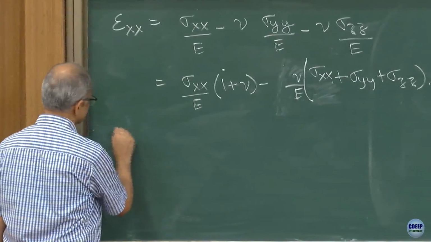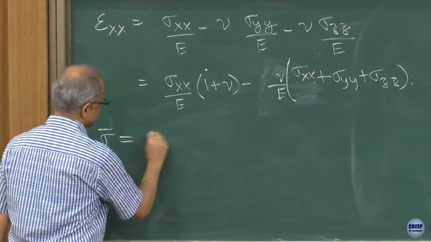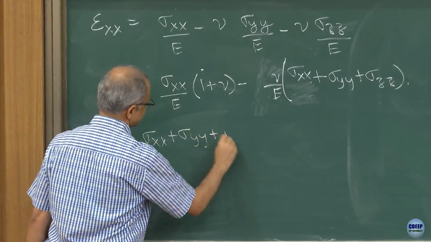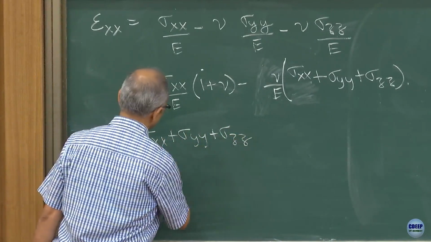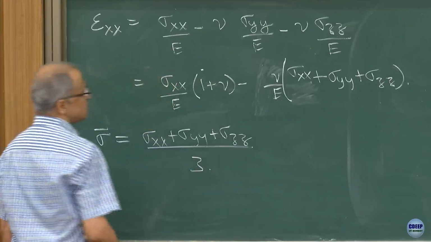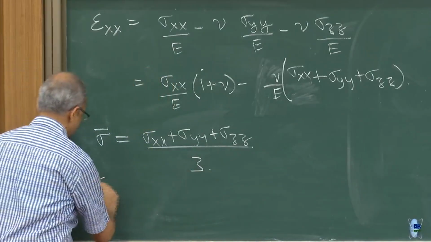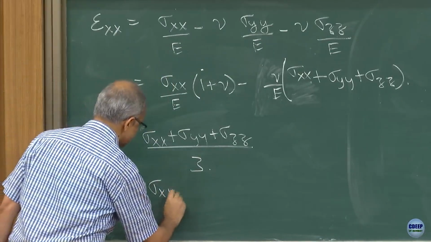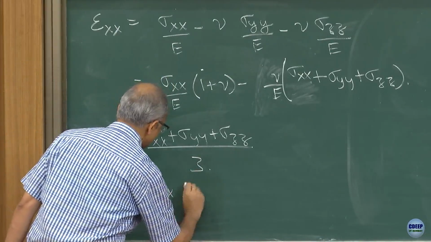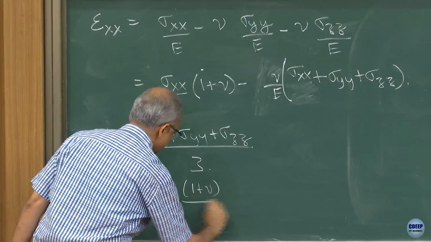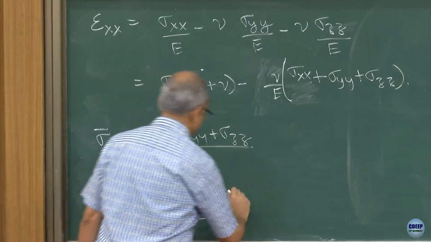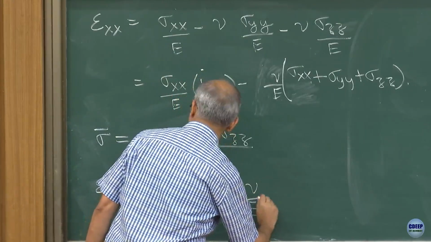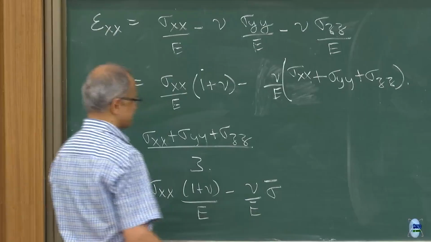Now let me define a sigma bar, which is going to be sigma xx plus sigma yy plus sigma zz upon 3. So I get epsilon xx is equal to sigma xx times 1 plus nu upon E minus nu upon E times sigma bar.